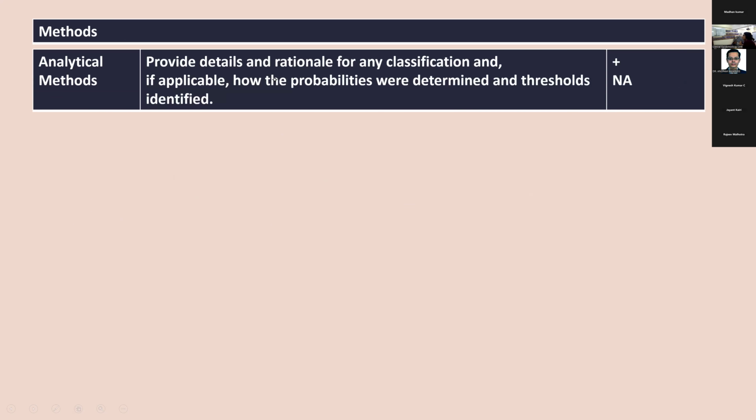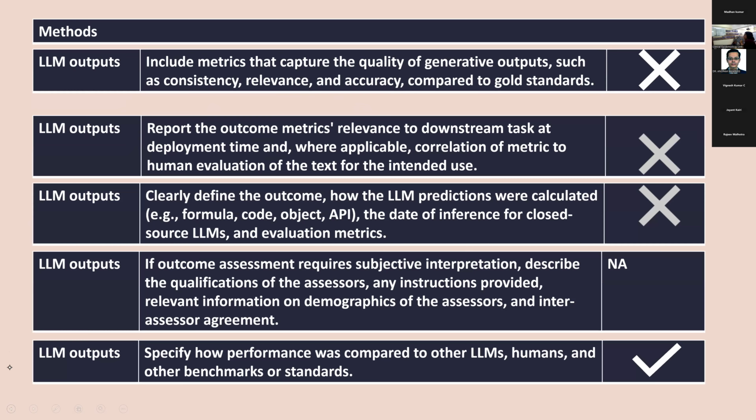So provide details and rationale for any classification, and if applicable, how probabilities were determined and thresholds were identified. So they did not use any, they used only ICD system of classification. They have not used any others, and they did not use any probabilistic outputs. So LLM outputs include the metrics that capture the quality of generative outputs such as consistency, relevance, and accuracy compared to the gold standards.